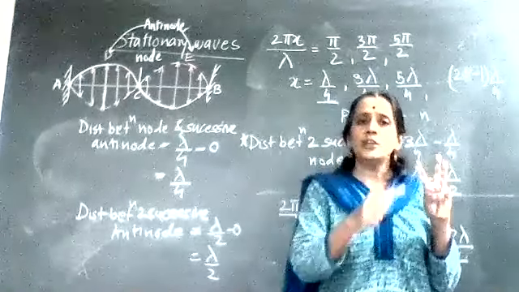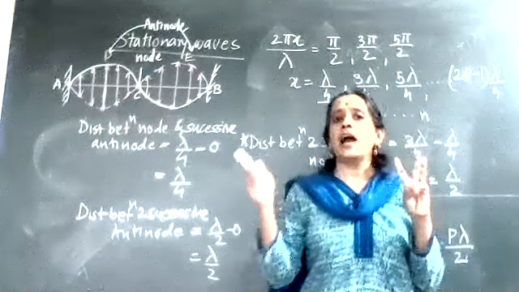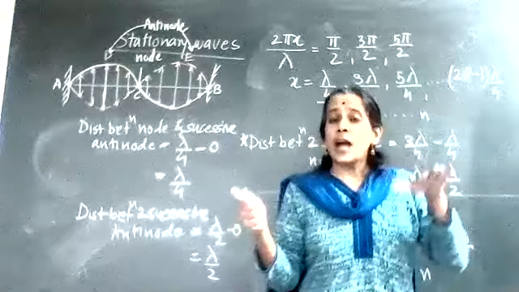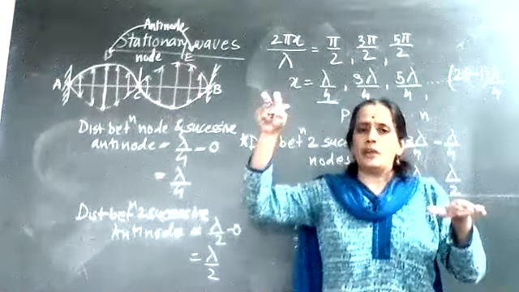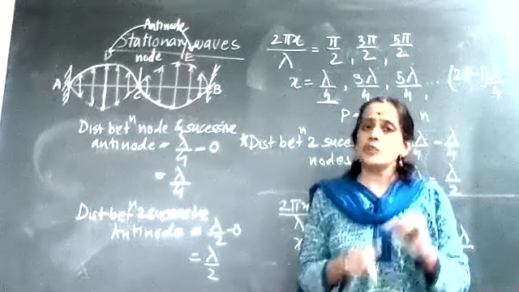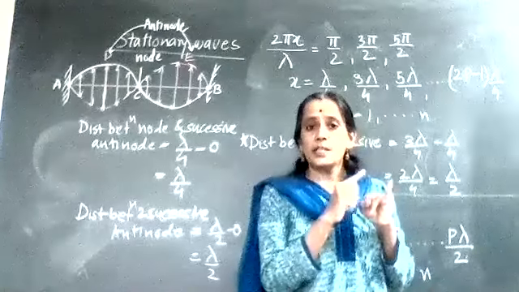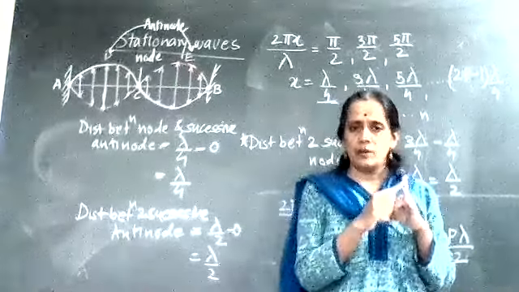Therefore, each displacement node is to be called a pressure antinode. Because where the displacement at a node is 0, there the pressure is maximum. So that's why it is to be called a pressure antinode. So first point of the node: displacement is 0, but pressure is maximum.